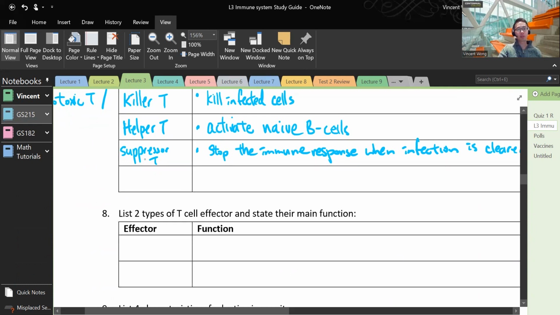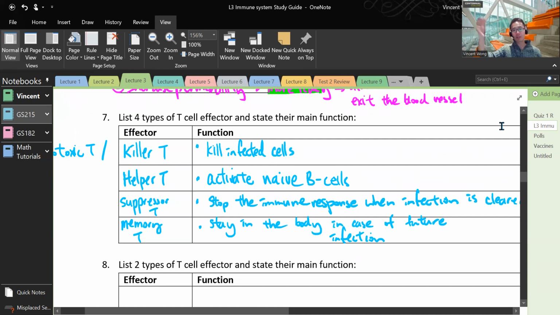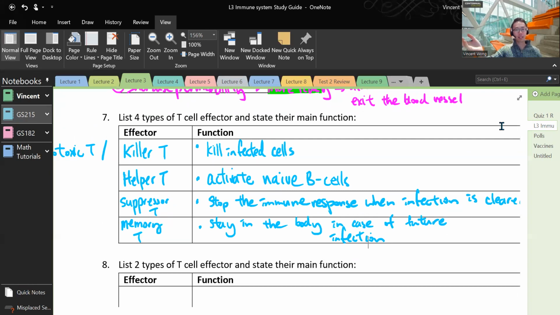And more importantly, perhaps the most important aspect, it will create memory T cells. The memory T cell is going to stay in the body in case of future infection by the same pathogen. So next time you get infected by the same thing, you don't have to go through the whole presentation process to find the T cell.